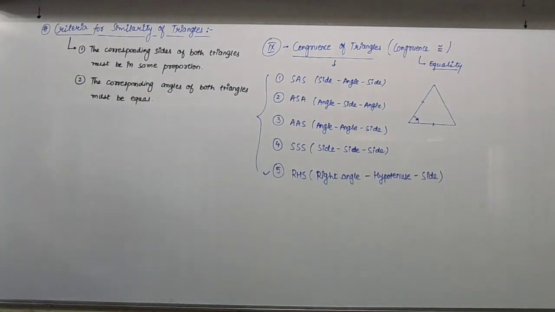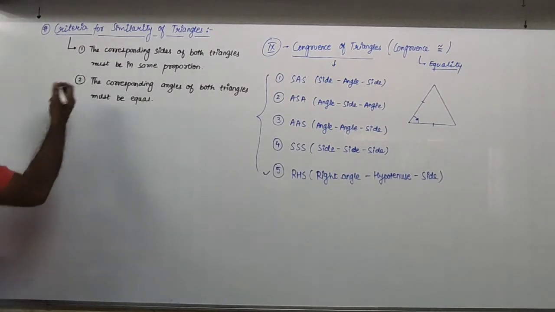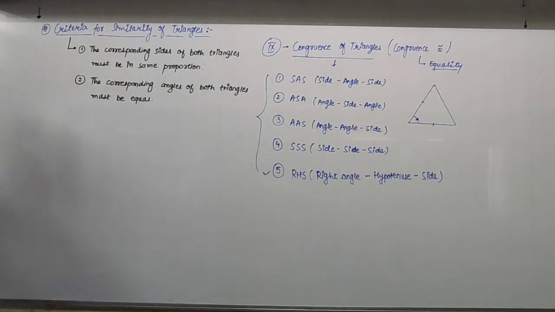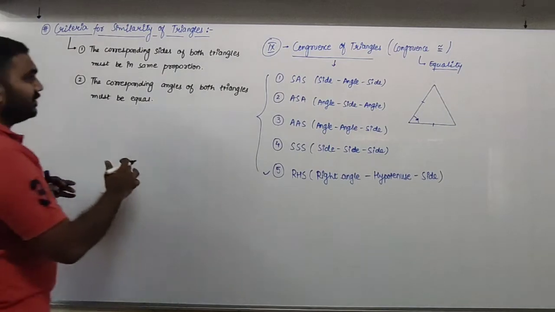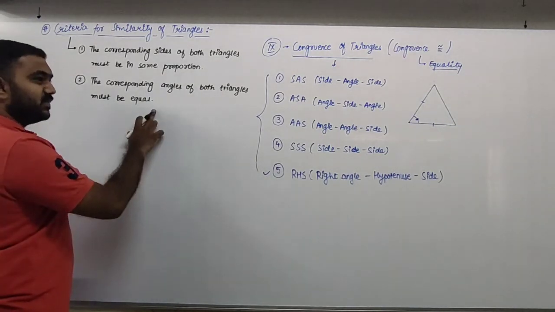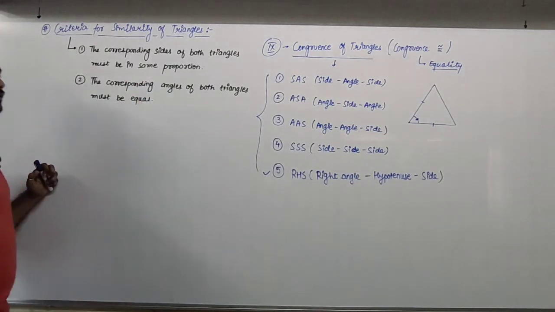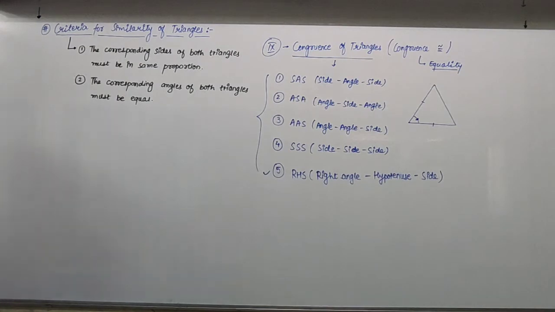If both these criteria are fulfilled by 2 triangles, then we can say that the triangles are similar to each other. Angles must be equal and the triangles must have the sides in the same proportion, right? So that is about the main or simplest criteria for the similarity of triangles.